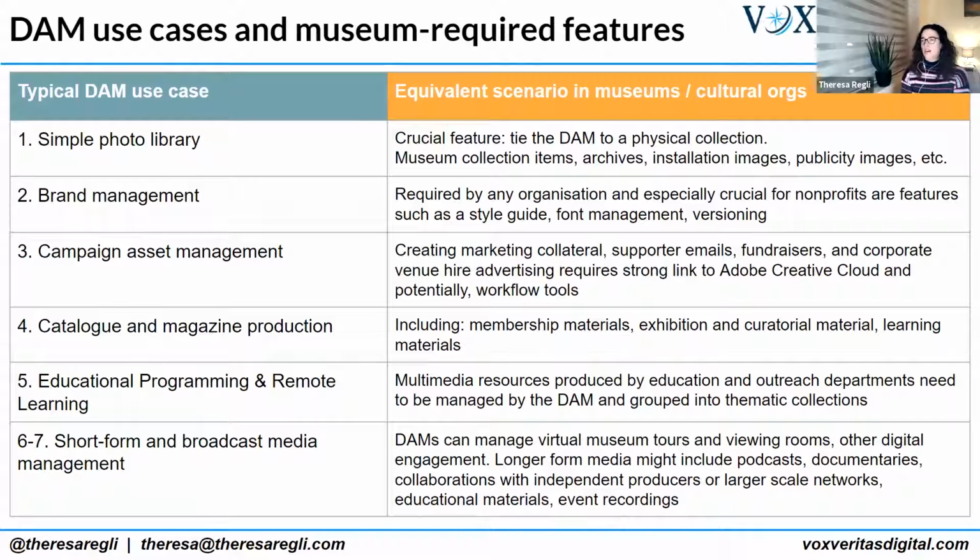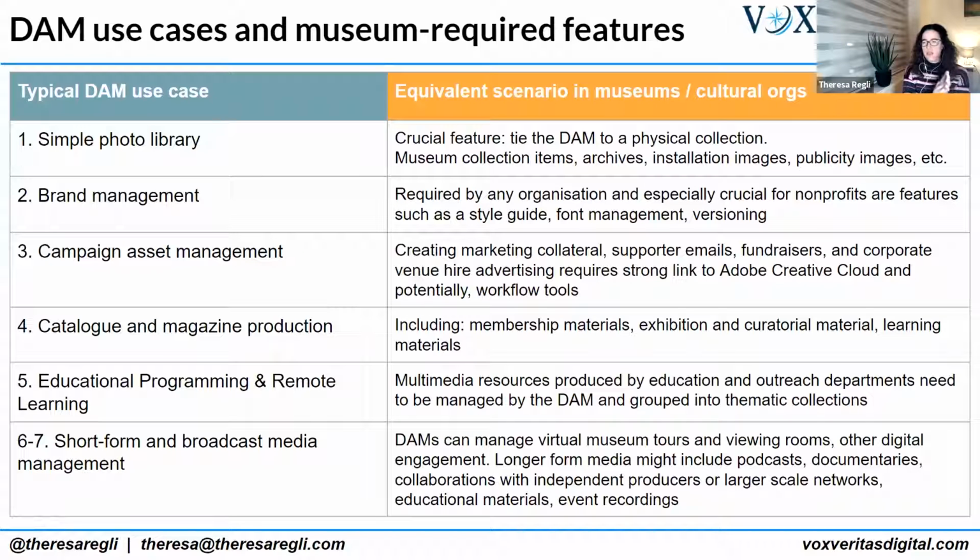All of these things require object data, and it might just be 5 fields, it might just be 10 fields, but for each of the things you're trying to accomplish, be sure to define what object metadata you need in your DAM in order to run your campaign. What's the object metadata I need to run my online educational program for all these poor children that are stuck at home who can't come to the museum? And that's how you plan the integration.